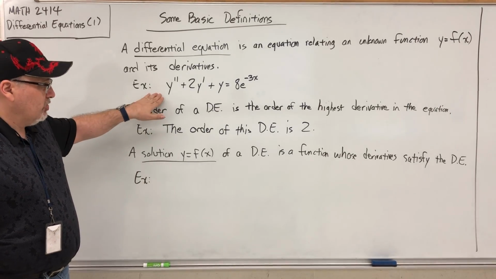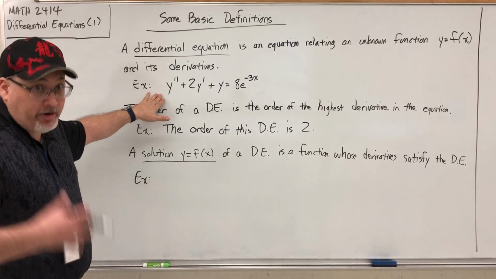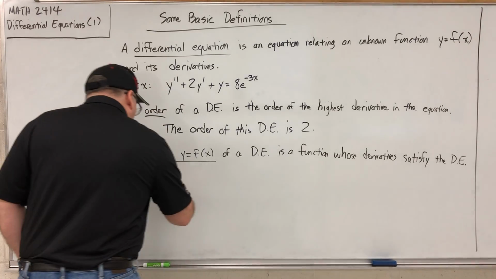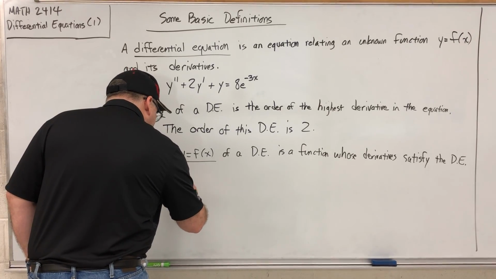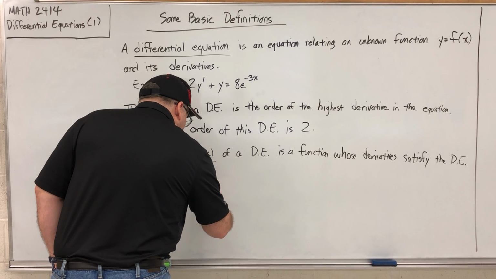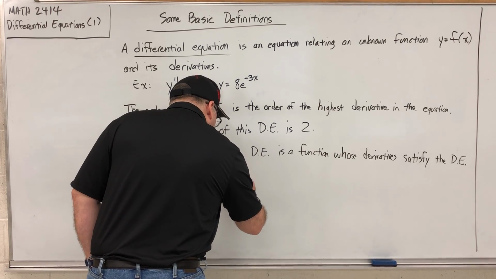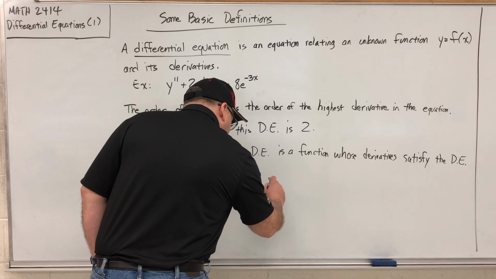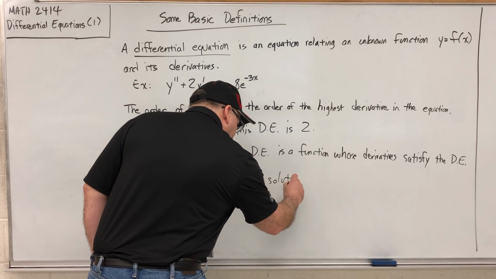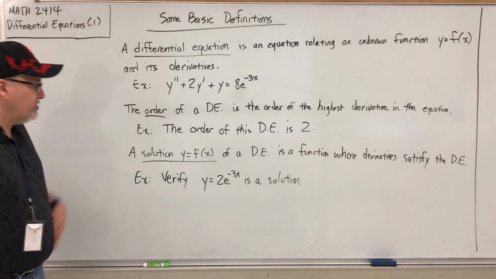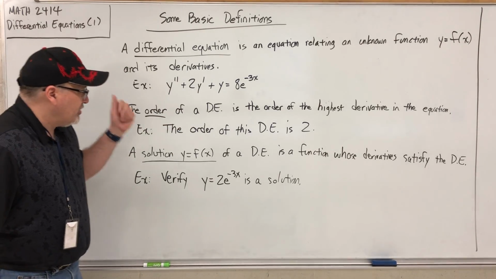I'm going to tell you the solution to this differential equation without worrying about where it came from. Well, we're going to verify that y equals 2e to the negative 3x is a solution to this differential equation. Now, how do we check that?